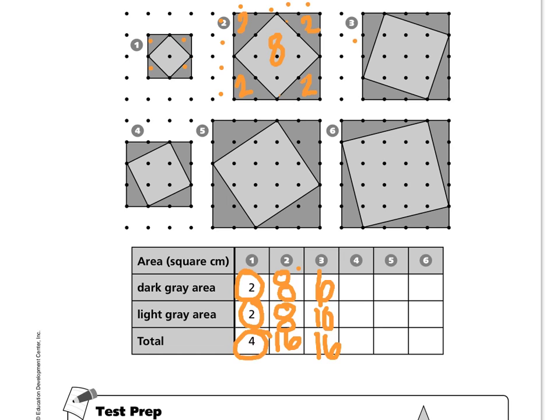Go ahead and chop the light gray into different sections so you're able to see that it's going to be 10. Use this strategy to figure out the answers for number 4, 5, and 6 in the dark gray and the light gray. Remember, finding the total area first will definitely help you figure out your answer.